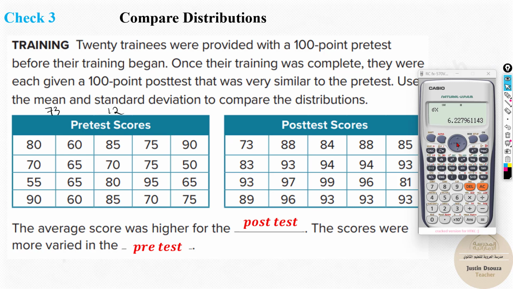I'm not sure what I did, but there is some mistake I made maybe when I was inputting the values. And you can just check shift 1, 4 and 3, 2. The mean over here is 90.25. Okay, these are the accurate values. So the post test had a higher mean, but it was less varied, whereas this was highly varied.